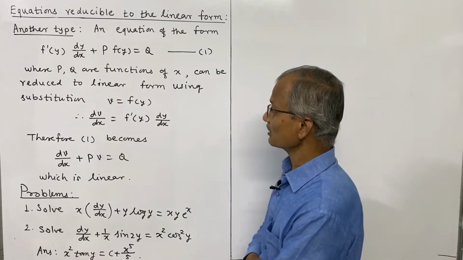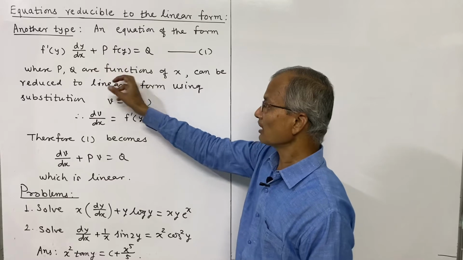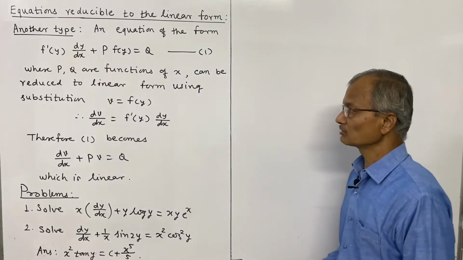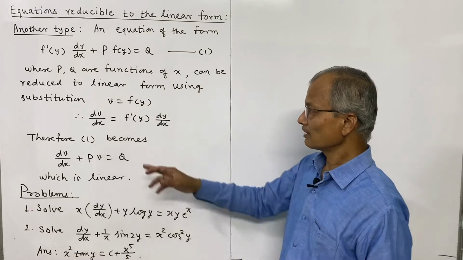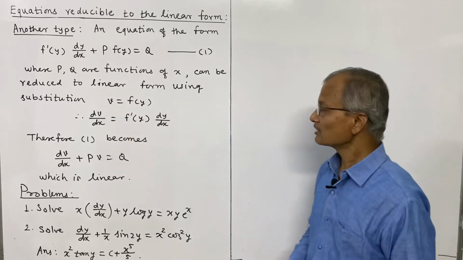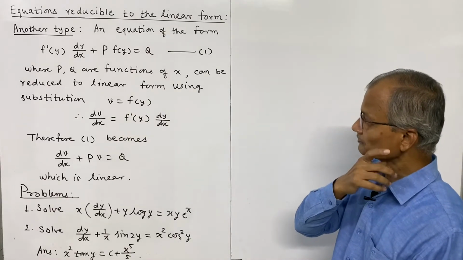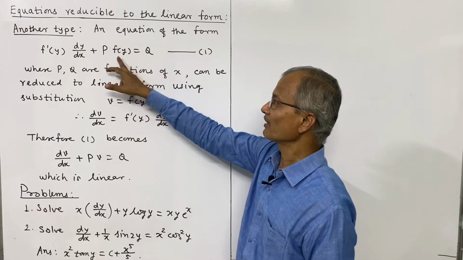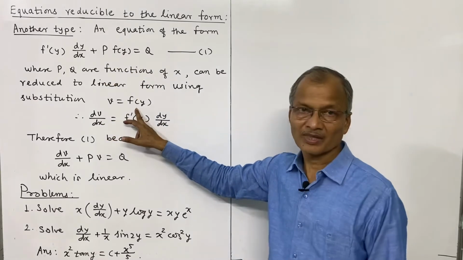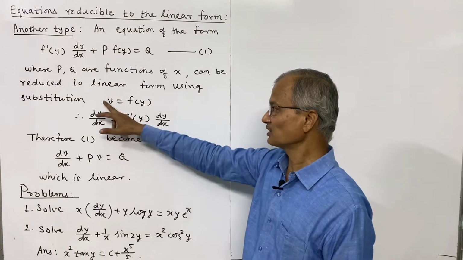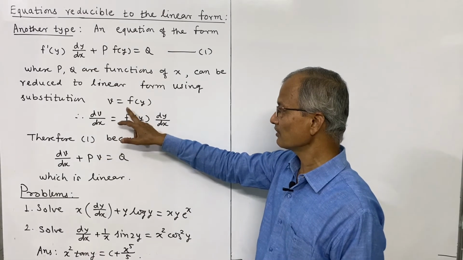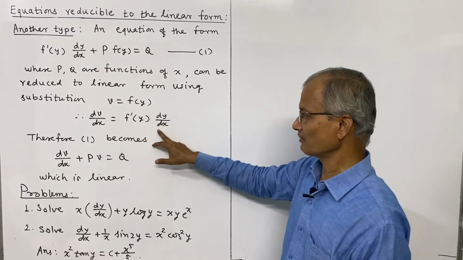This equation, in which p and q are functions of x, can be reduced to linear form using a substitution. Now what is the substitution to be used? For f of y, put v is equal to f of y, and after differentiation we get dv by dx is equal to f dash of y into dy by dx.